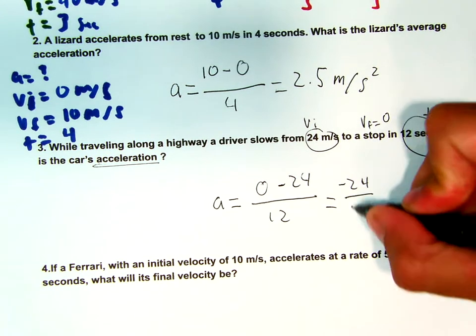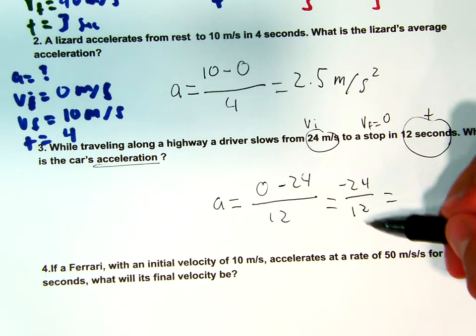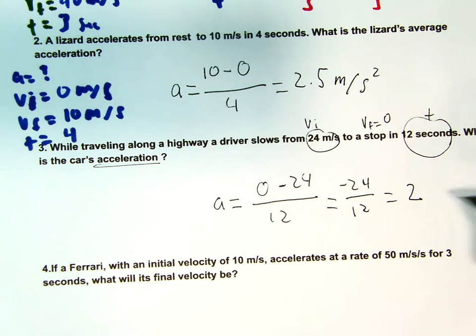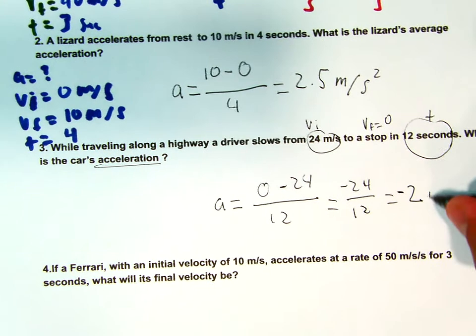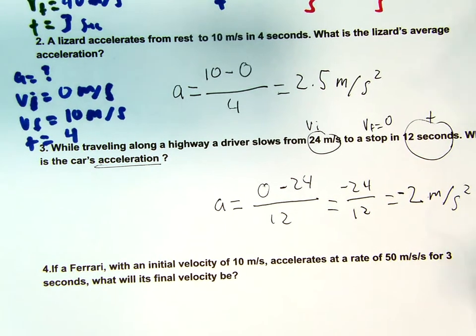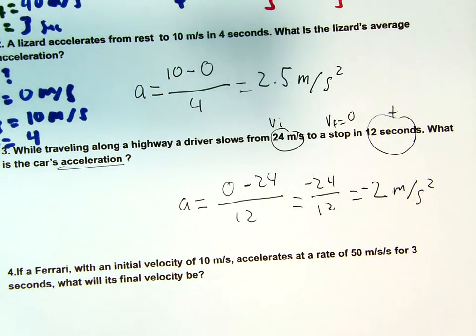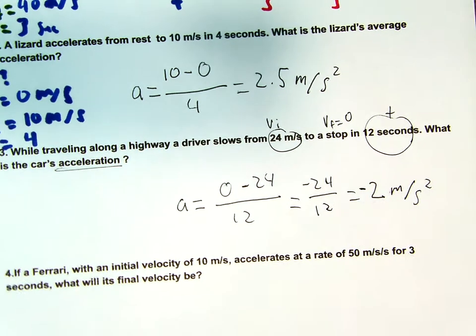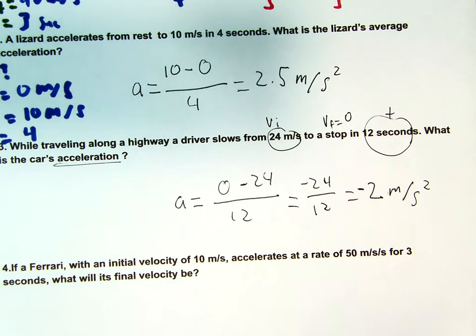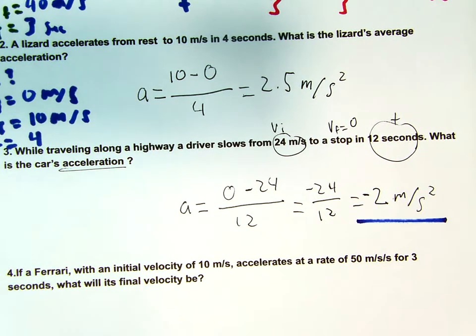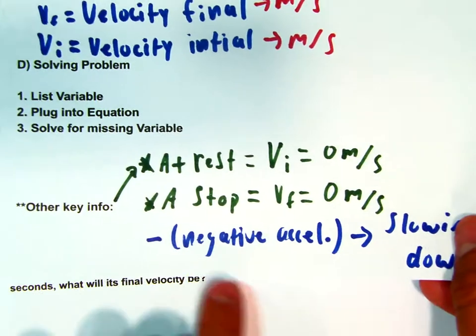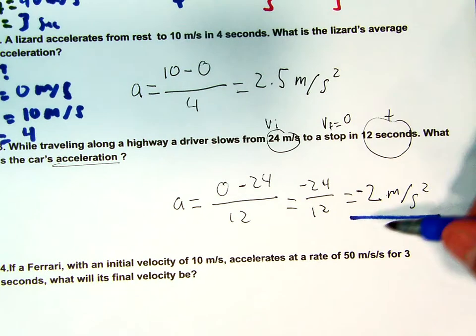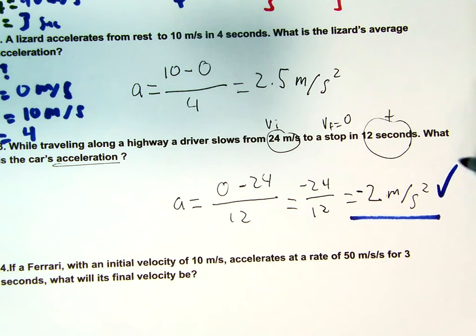Negative 24 divided by 12 gives me negative 2 meters per second squared. Now let's think, does that make sense? Well, if I came to a stop, I slow down. And if I slow down, then it should be negative, because negative acceleration means slowing down.